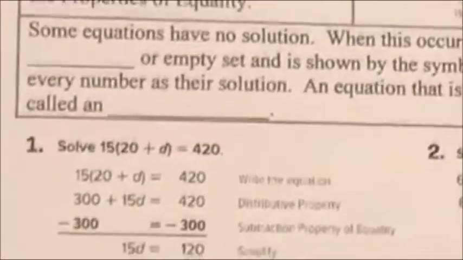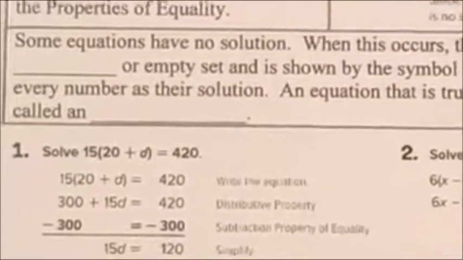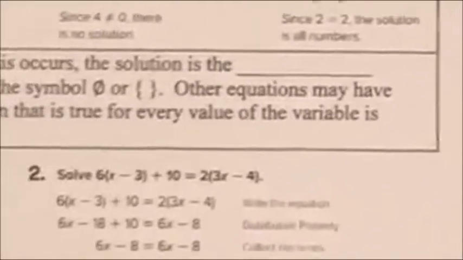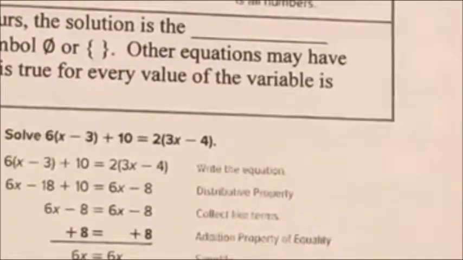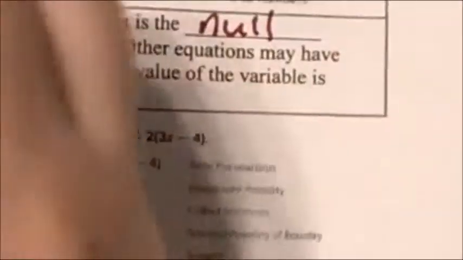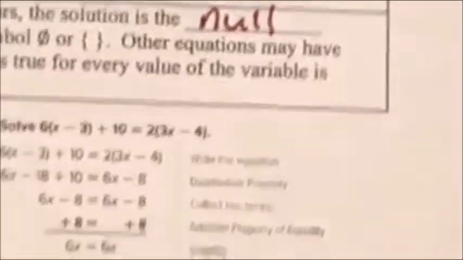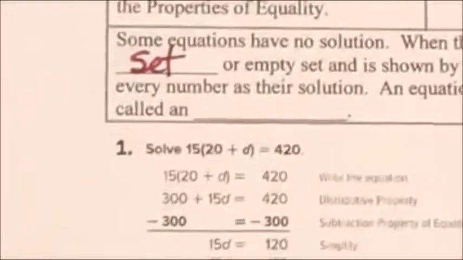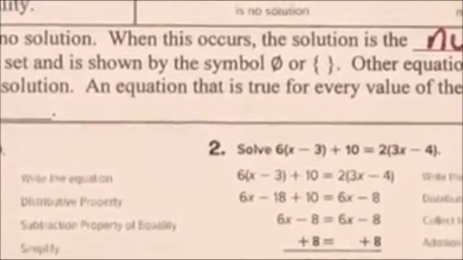Okay, so some equations have no solution. When this occurs, the solution is the blank, or empty set. So in those 2 blanks, you're going to write null set. Null set, or empty set, and is shown by the symbol or just empty brackets.